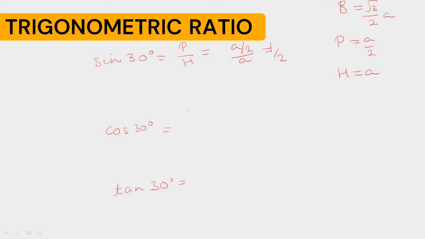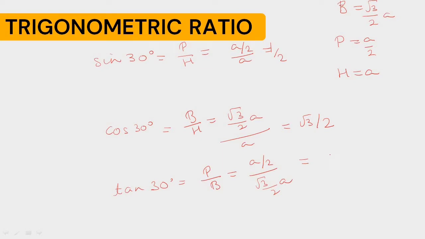Here cos 30 is base upon hypotenuse. The value of base here is root 3 by 2a, and the value of hypotenuse is a, so it will come root 3 by 2. And what is tan 30? Tan 30 is perpendicular upon base. Perpendicular here is a by 2, base here is root 3 by 2a, which is equal to 1 by root 3.